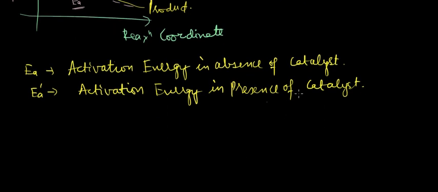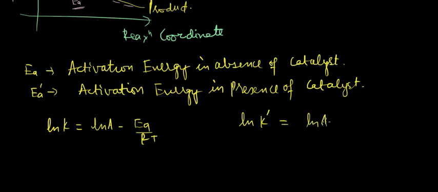Then we can say ln k is equal to ln A minus EA upon RT in absence of catalyst, and with k dash, in presence of catalyst it would be ln A minus EA dash upon RT. We are assuming the experiment is at the same temperature.